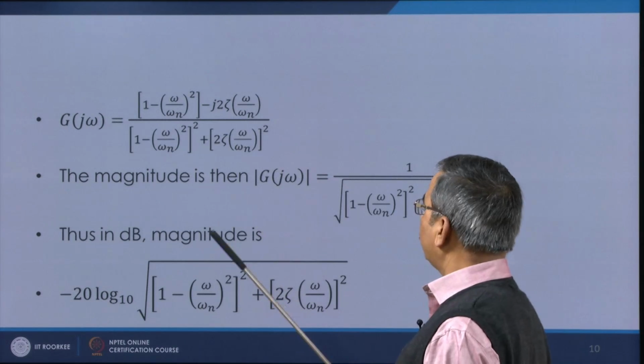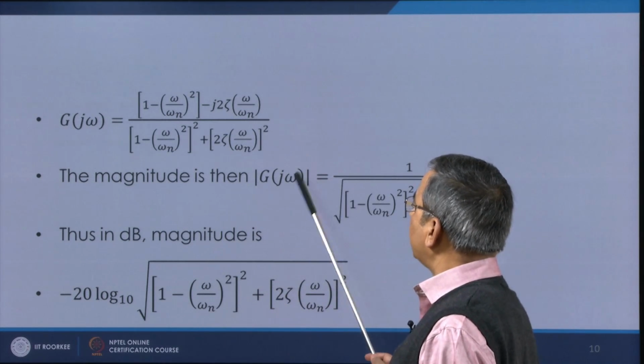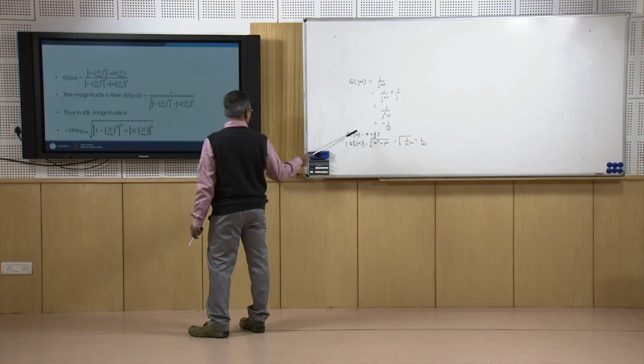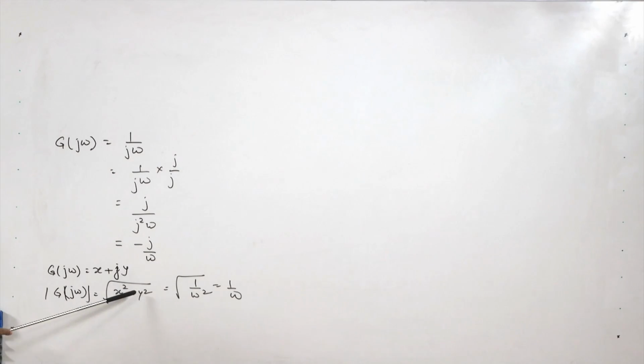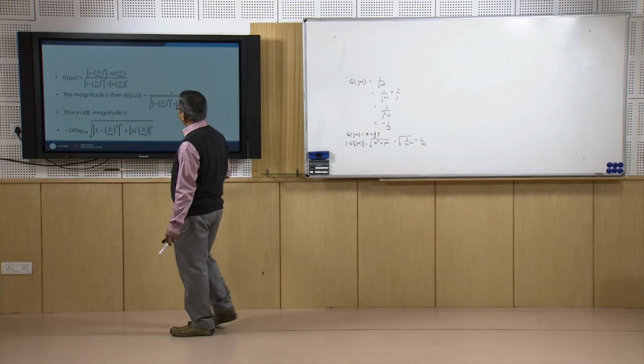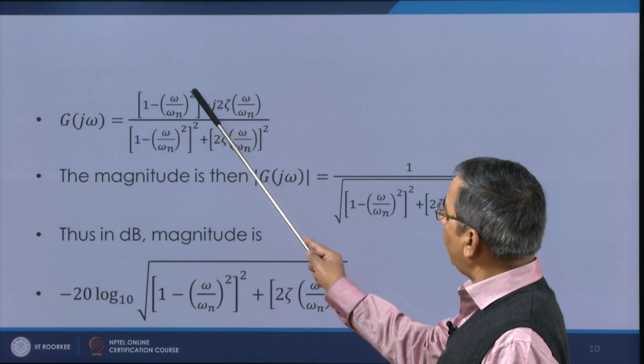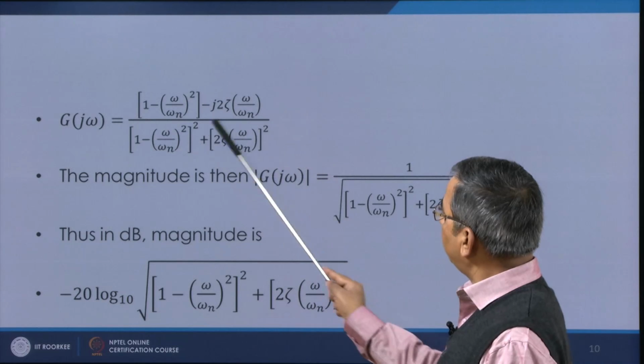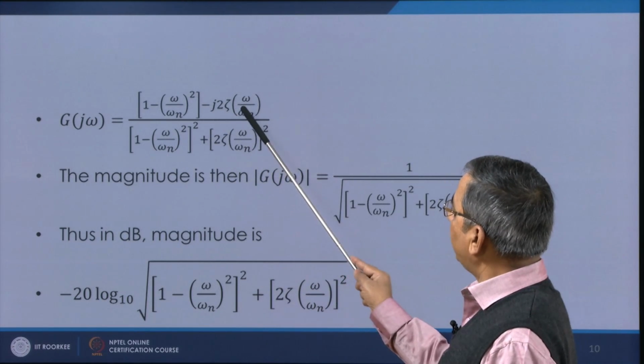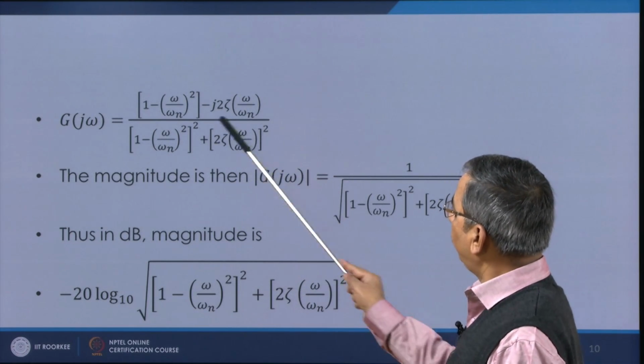Now, if I am asked to find out the magnitude for this, again the magnitude will be given by under root x square plus y square. So, the x component will be this divided by the whole, and similarly the y component will be this one divided by the whole.